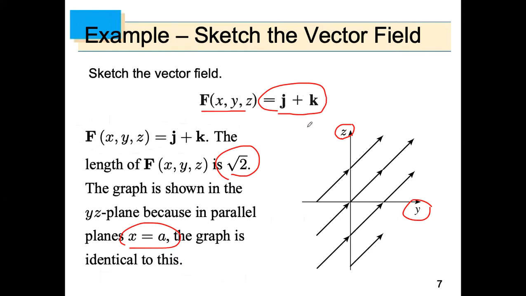So that means every single one of these vectors will have the components 1, 1. And you'll notice this is true. Any point I have here, you're going to have a vector that starts at whatever point you are trying to create a vector at, and it'll go right 1 and up 1.